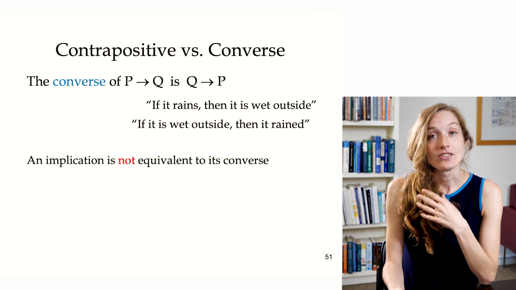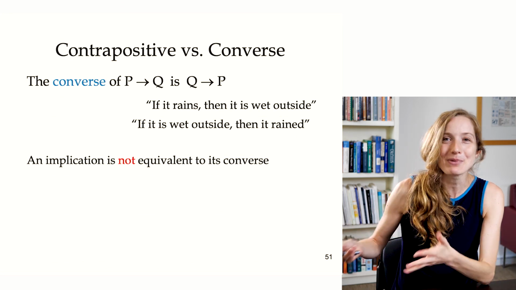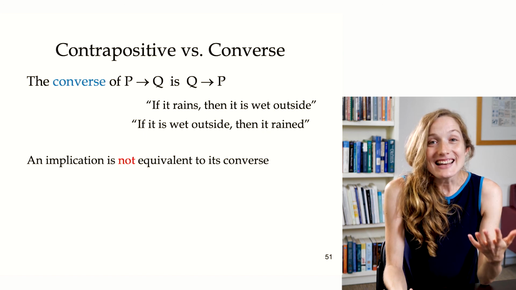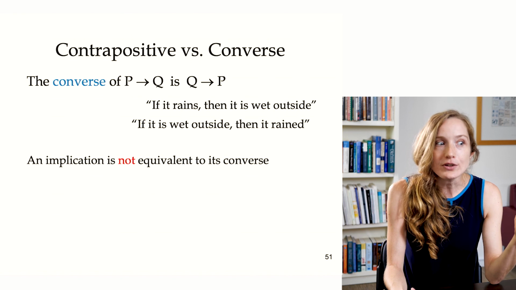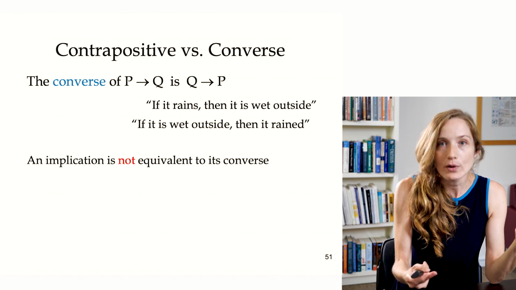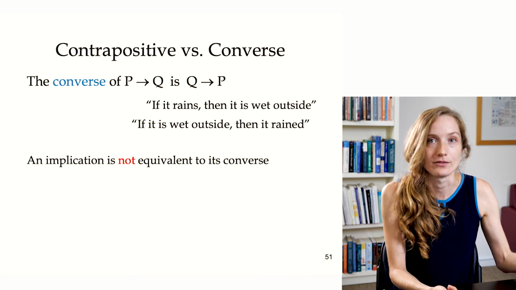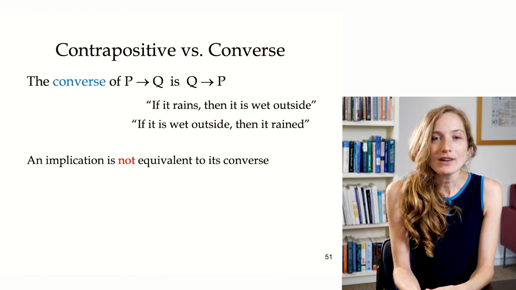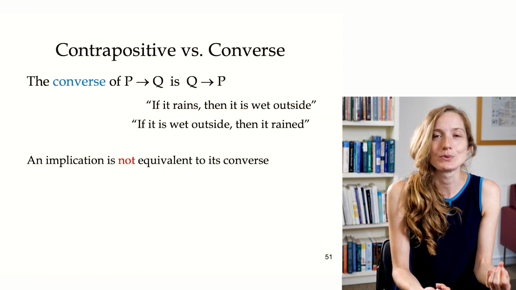Not necessarily. For example, maybe there was a sprinkler, maybe there was a bucket, who knows. It's not necessarily true that it had to have rained, versus the other case where there was no other option: if it was dry outside, it could not have rained. So a converse is not equivalent to an implication.